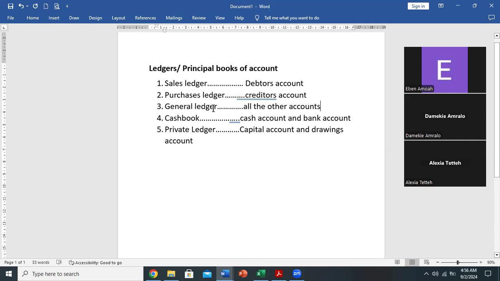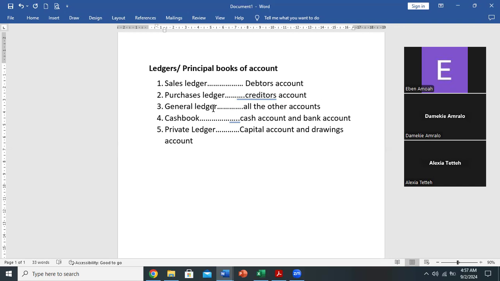So all the expenses, rent, salaries, return inwards, carriage inwards, carriage outwards, discount allowed, discount received, all those things are in the general ledger. Your fixed assets like plant and machinery, building, land, whatever, all of them are in your general ledger. Your sales account is in the general ledger.